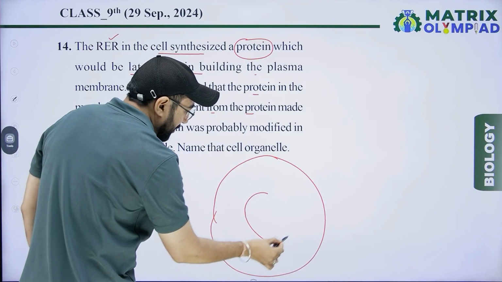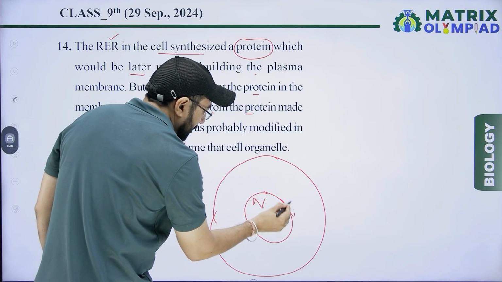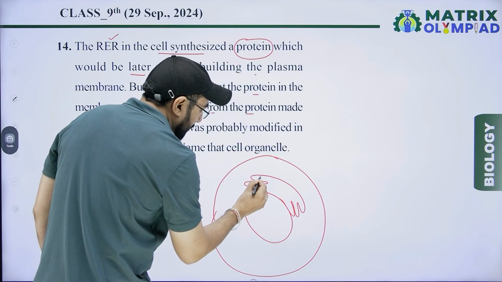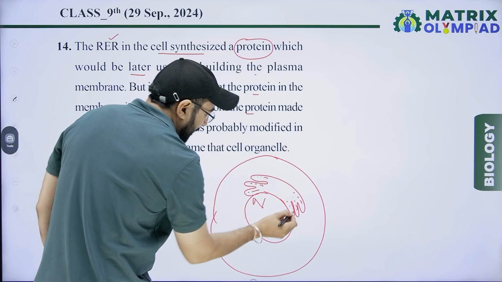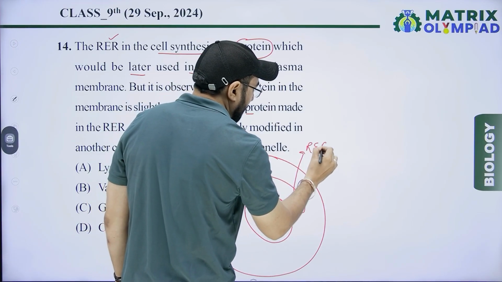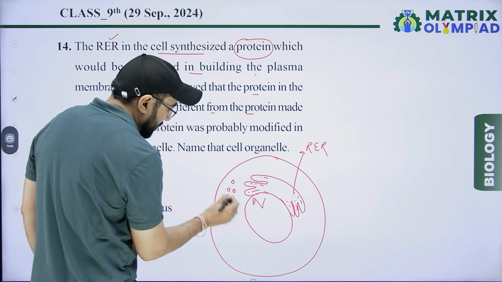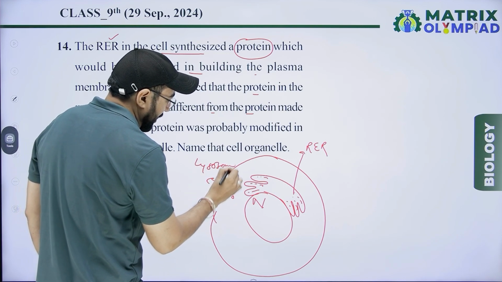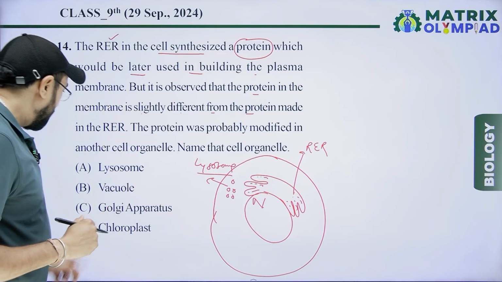In a cell structure, the central region is the nucleus, and this one is the ER, and the dotted ER is the RER. The many small structures are lysosomes, the suicidal bags that contain many enzymes.